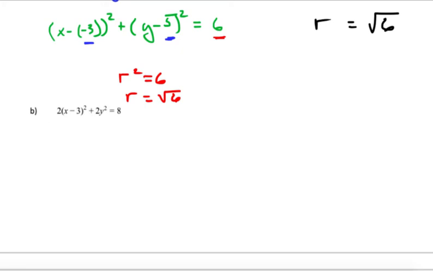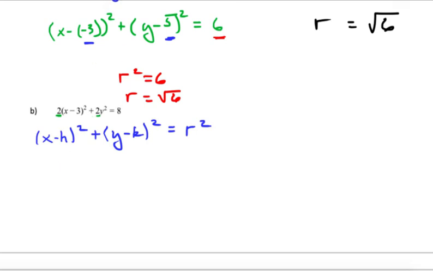Remember our standard form is (x minus h) squared plus (y minus k) squared equals radius squared. So first thing you'll notice is that we have coefficients out in front of these. And so what we need to do is divide both sides to get rid of that coefficient.